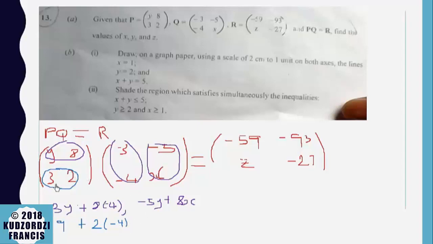Now we take the second column of the second matrix, so we have 3 times negative 5 over there, then plus 2 times x, which will give us 2x.